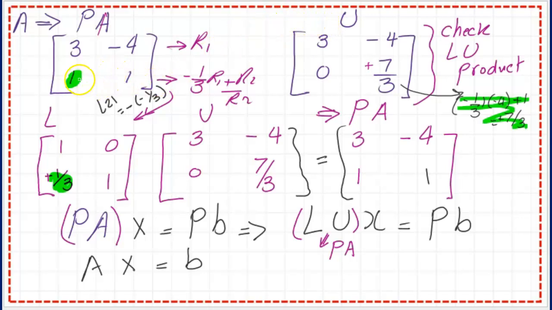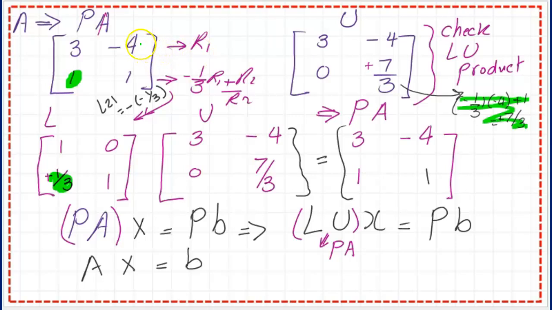This is the same procedure we have done before. We multiply minus 1 over 3 by R1 plus R2. Minus 1 over 3 multiplied by 3 is minus 1, plus 1 equals 0. And minus 1 over 3 multiplied by minus 4 is plus 4 over 3, plus 3 over 3, which becomes 7 over 3.